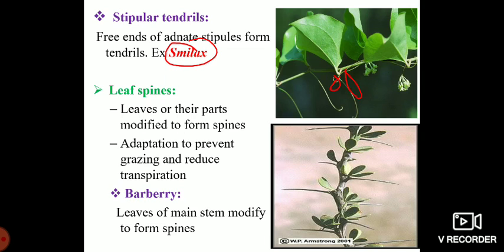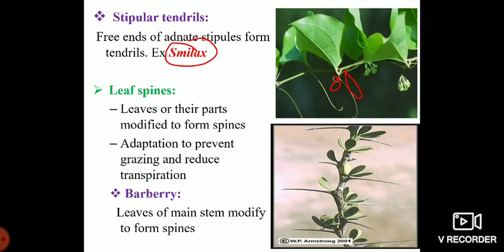This formation of spines is an adaptation to prevent grazing by animals, and it also helps reduce the rate of transpiration.